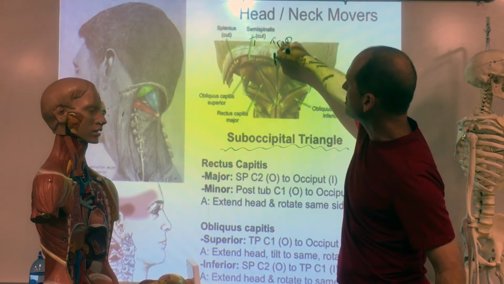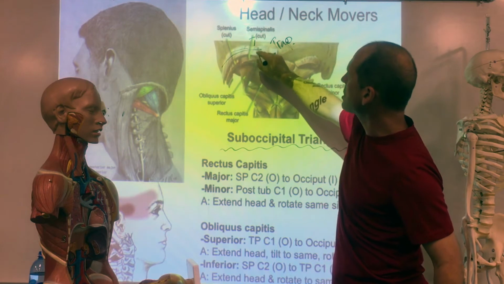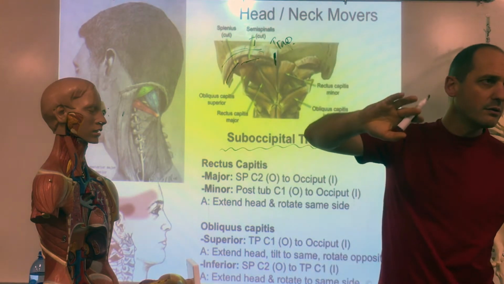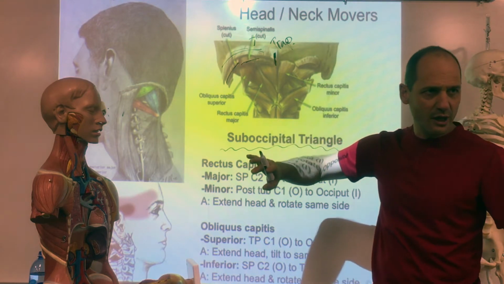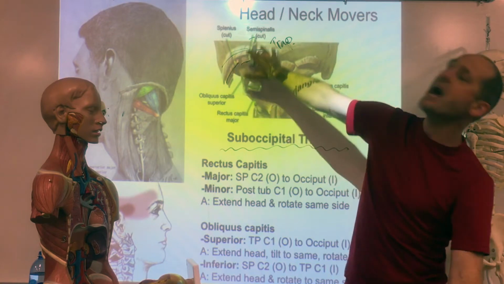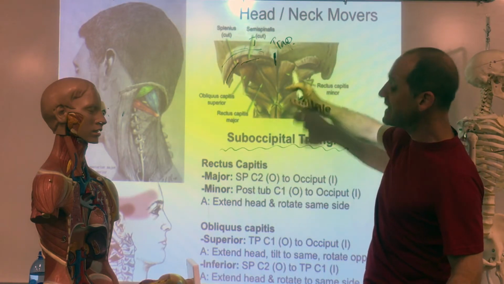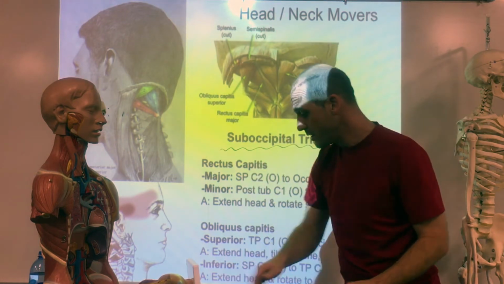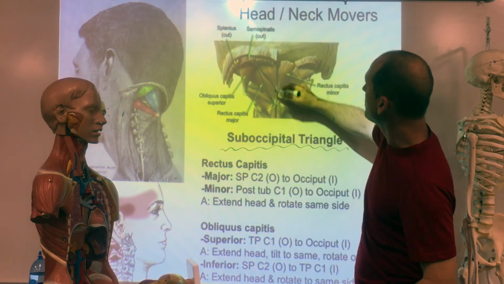So we talked about this. We got more. We got one that's called the semispinalis. We got one that's called the splenius. Don't worry, just layers of muscles. So trapezius, below that we got a couple of layers. And then we take those away, and then we get to the deep ones. And the deep, deep, deep ones here are known as the suboccipital triangle muscles.